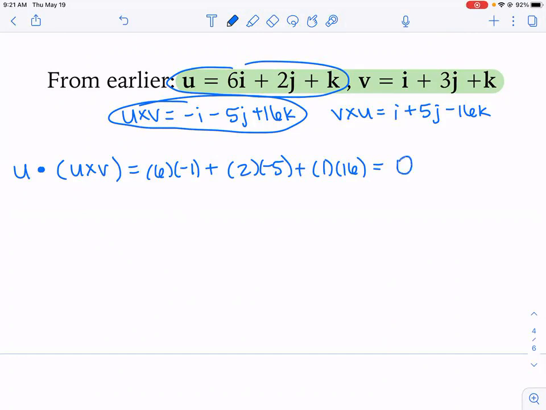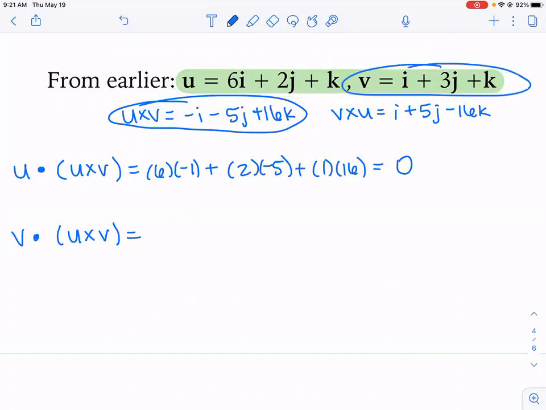Okay, now let's do it with V. If we do the dot product with U cross V and V, we take 1 times -1, and we add it to 3 times -5, and we add it to 1 times 16.